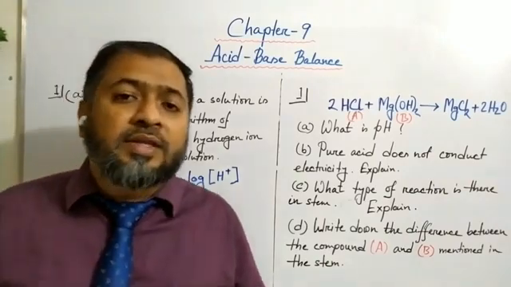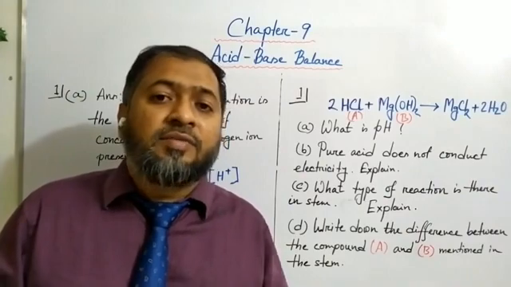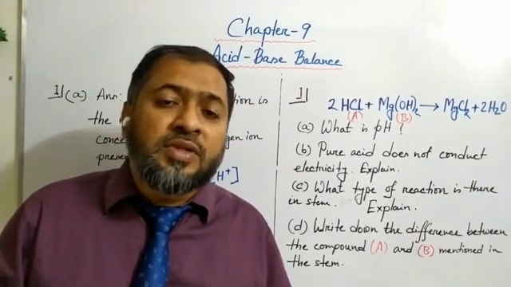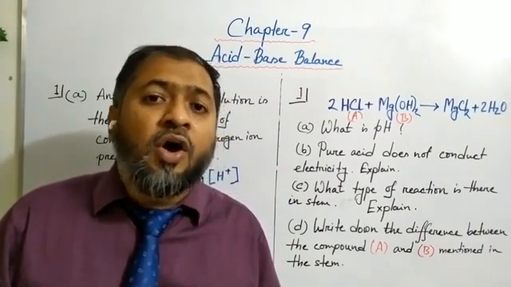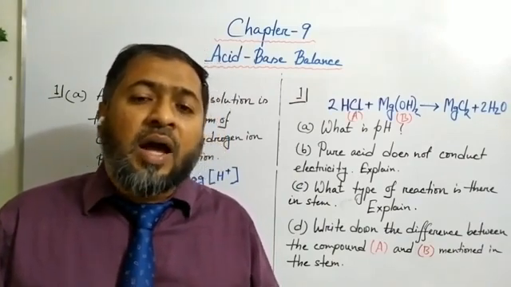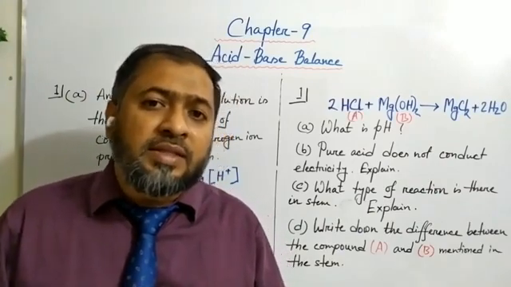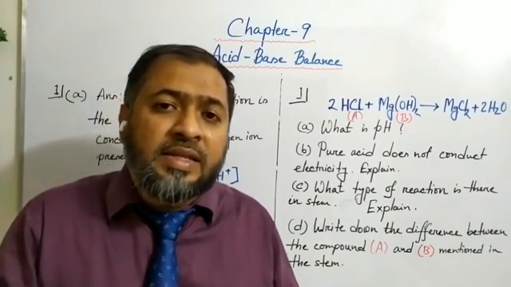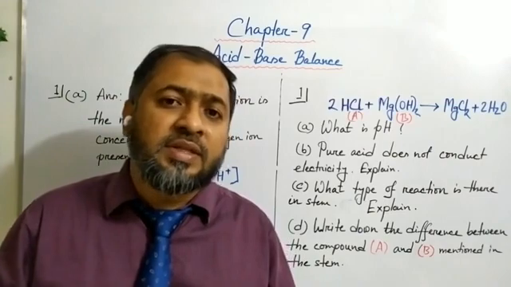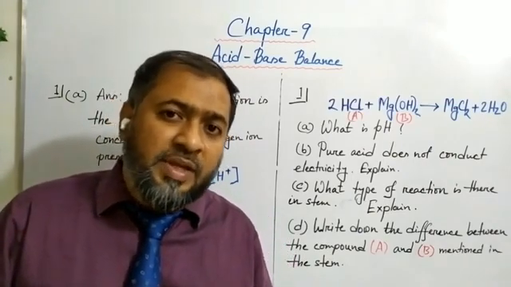Now what does pH actually indicate? pH indicates the nature of the solution, whether the solution is acidic, basic, or neutral. If it is acidic, how intensely acidic the solution is, we can easily find out by observing the value of pH.